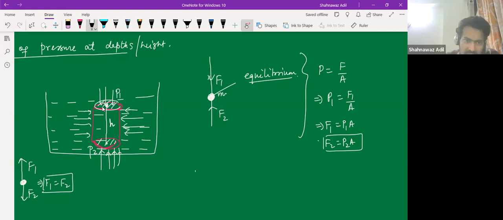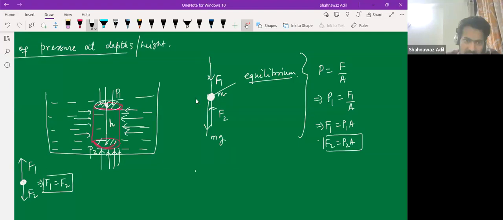Only these are acting upwards on this object. Is there any other force acting on this object? Always, gravity. So there are three forces: due to these pressures there are two forces, and due to gravity there is this third force.